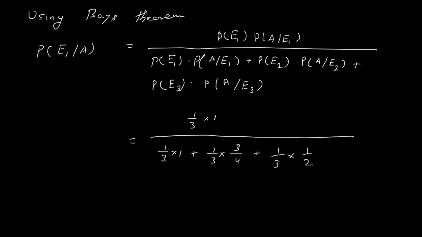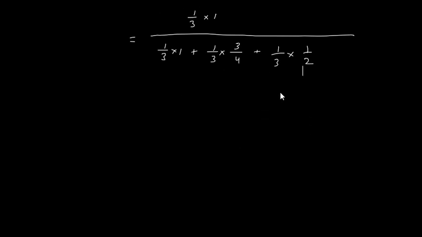Okay, so this is equal to 1 by 3 upon, here it is 1 by 3, 3 will cancel, so it is 1 by 4, plus 1 by 3 into 2, that is 1 by 6.